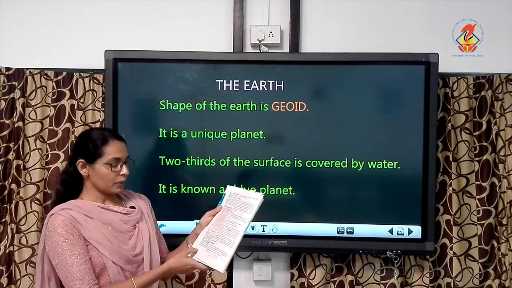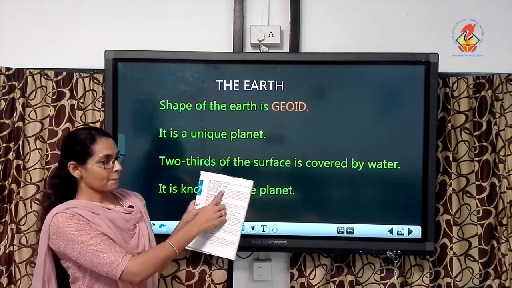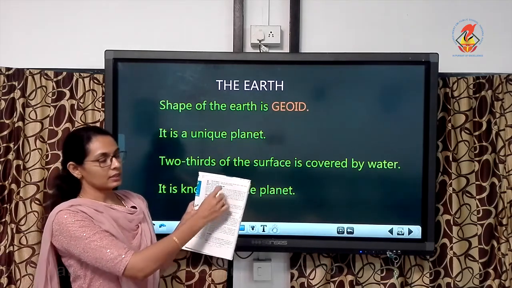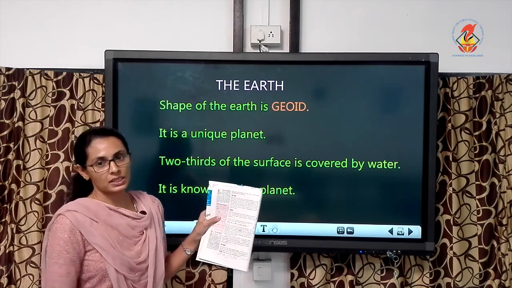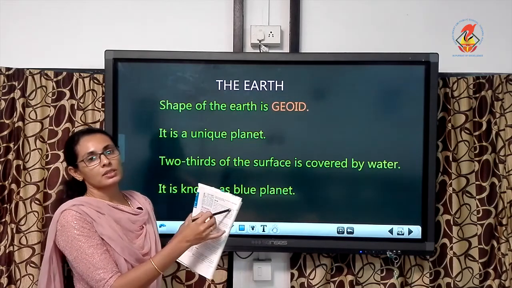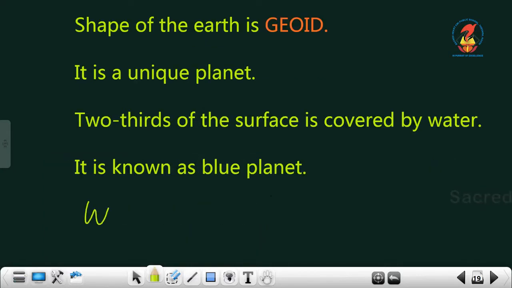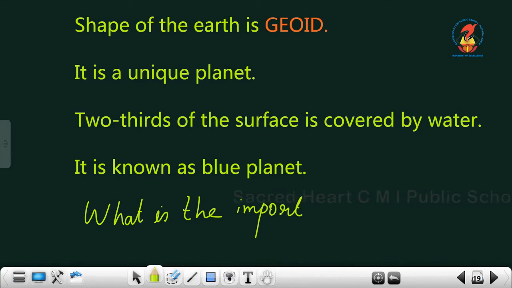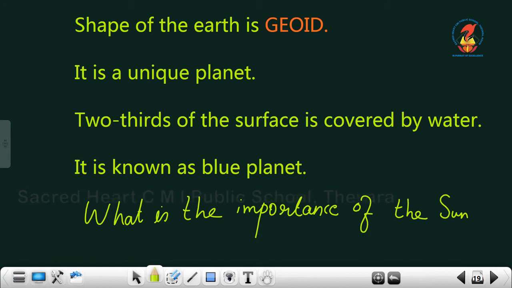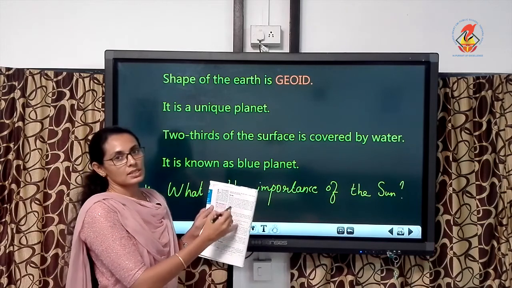Then on the next page, page 4, mark the full paragraph under the heading sun, put a bracket and write the question: what is the importance of the sun? Put a question mark, and this paragraph is the answer.